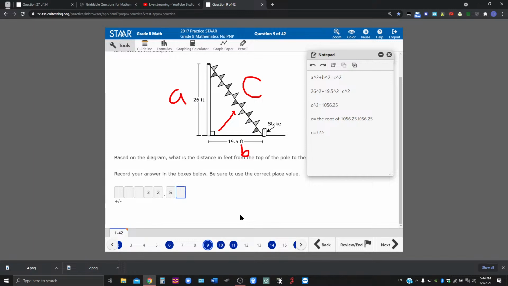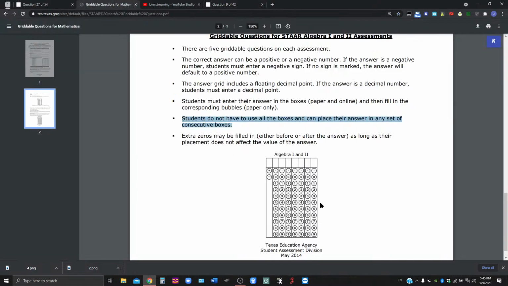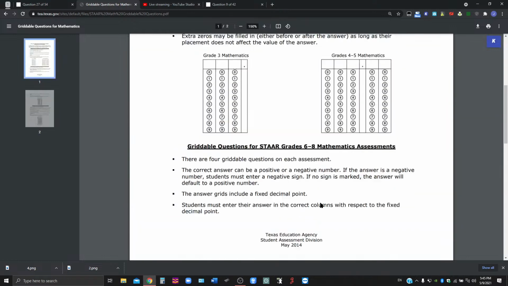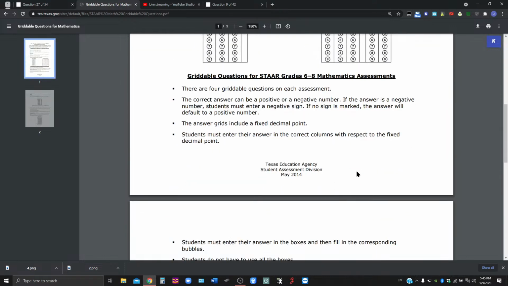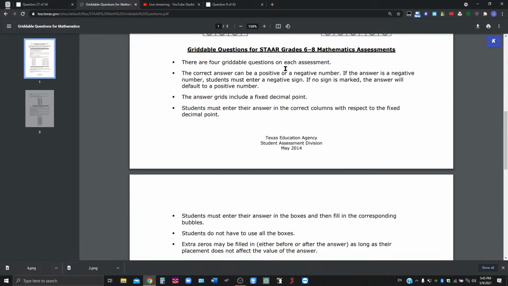But there's something we want to talk about with the gradable questions. The first thing is about the first space, and I actually looked up the instructions for the gradables. So here we have some instructions on how to fill out the gradable questions. For 8th grade, there are 4 gradable questions, and the correct answers can be positive or negative. If the answer is negative, the student must enter a negative sign.